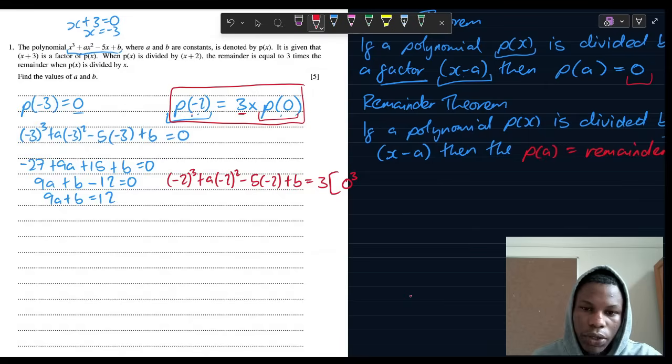So you get 0 cubed plus a times 0, which is just going to be 0, minus 5 times 0, which is again 0, plus b. And so let's simplify this.